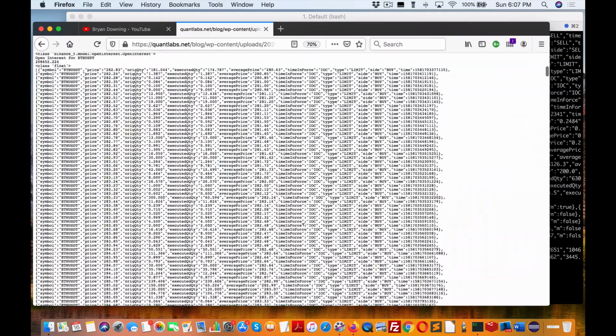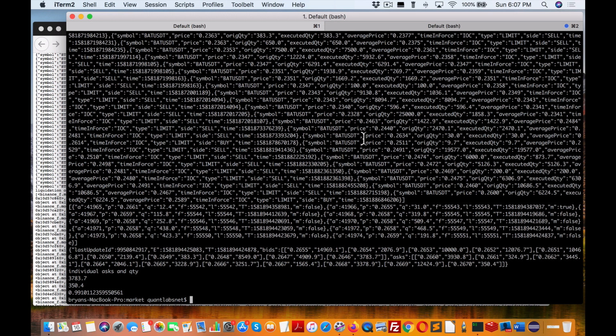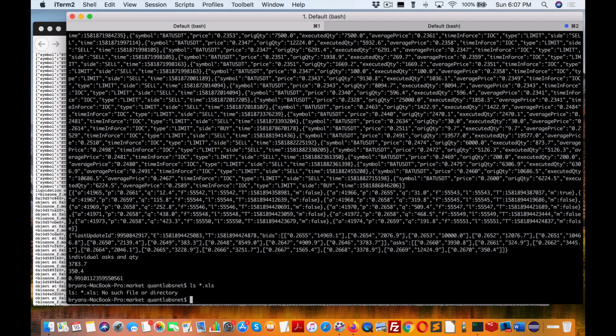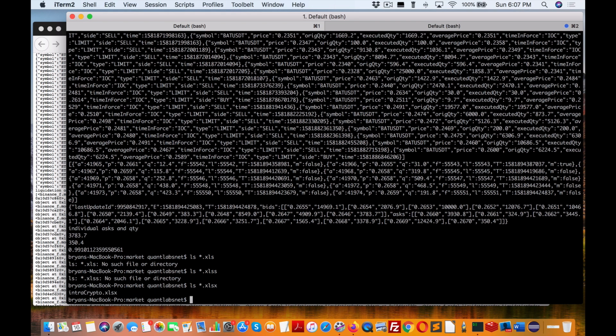So you'll be able to get a sample of it. But what I've done now is I can run that script and make it generate a spreadsheet. I could run this as frequently as I want, as long as it meets the Binance API restrictions. So here's the XLS file that I'm talking about.